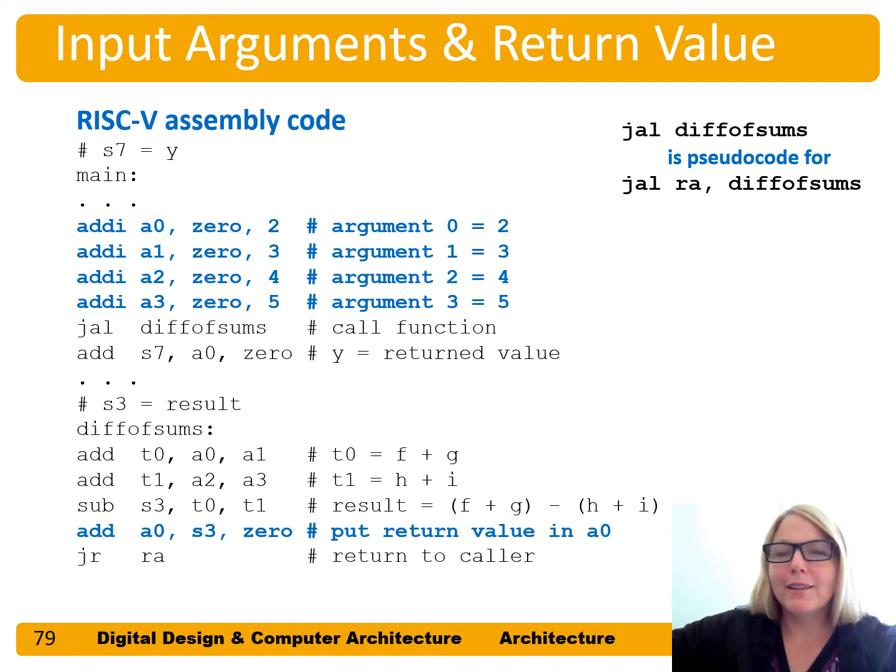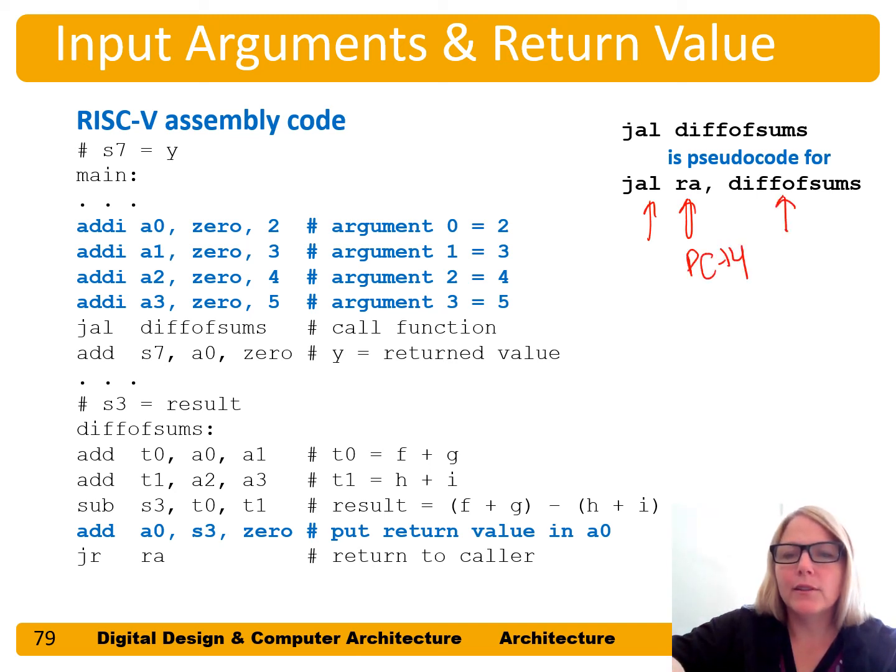So one thing to note is that jump and link diff of sums is what's called pseudocode. And pseudocode is code that's useful for the programmer, but not a real assembly instruction. So jump and link diff of sums is pseudocode for jump and link RA, which is where PC+4 should go, and then the label.